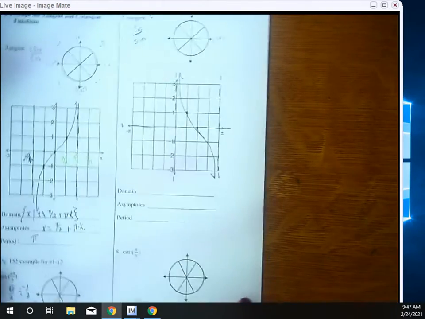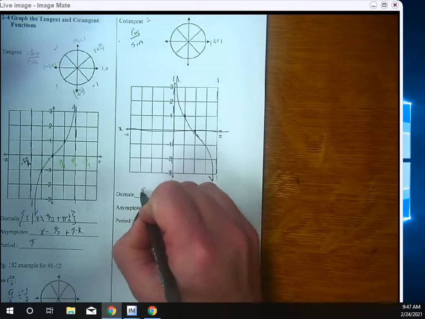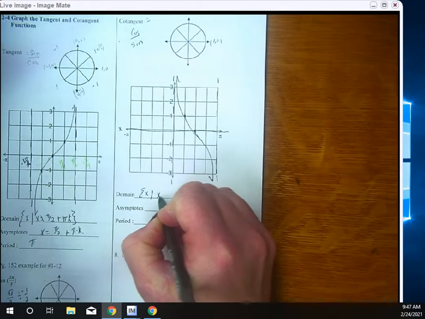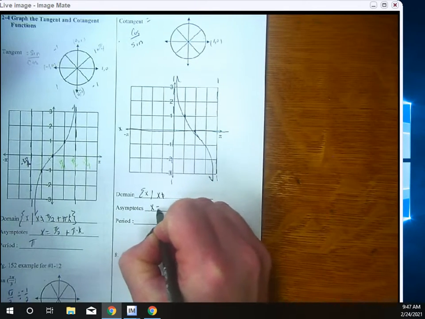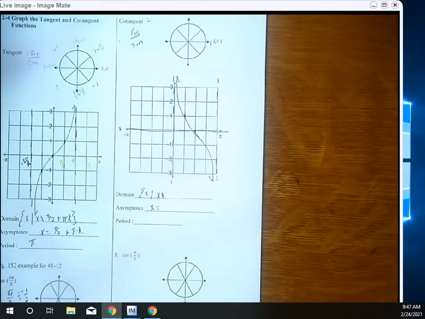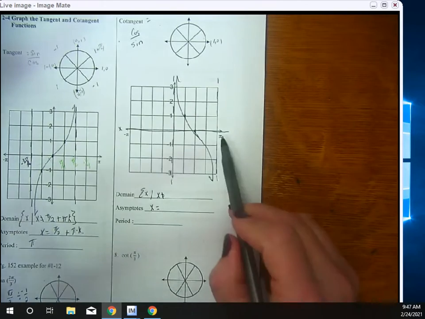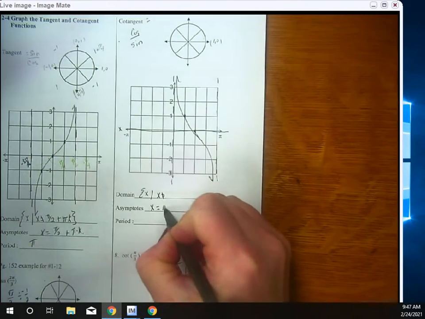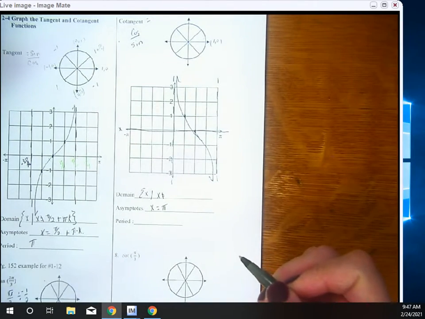The domain then is going to be all real numbers except, so x such that x is not equal to the asymptote. So how do we get our asymptotes? For cotangent, the vertical asymptotes are at every pi units.